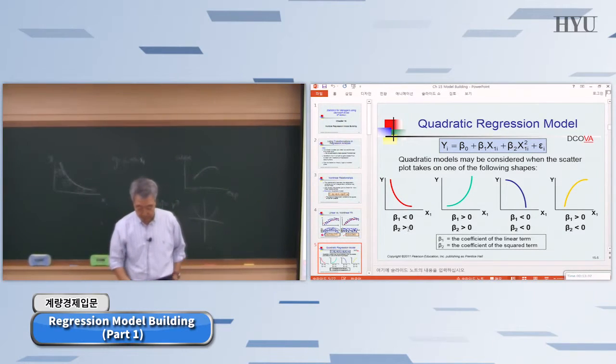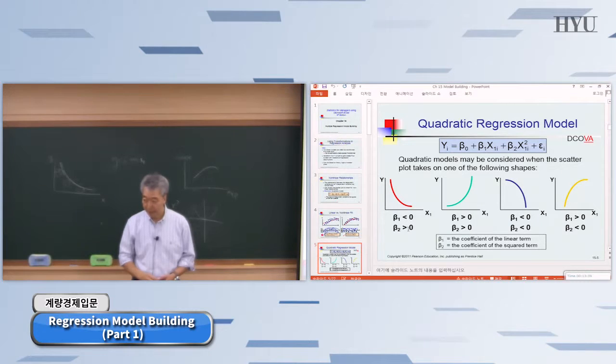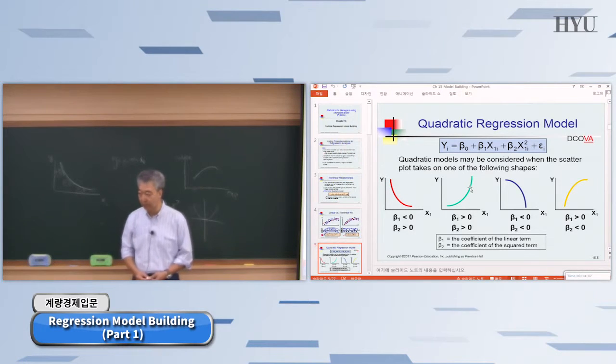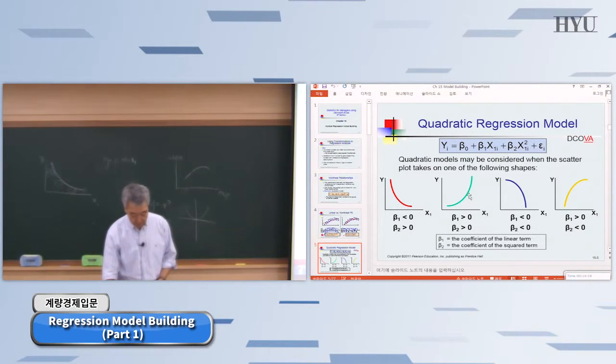I'm pretty sure this is something you've learned in high school. If both beta 1 and beta 2 are positive, that indicates there is an overall positive correlation between y and x1, and the slope also increases. Initially it is relatively flat, something like 0.5, and then it becomes 1, and then maybe 5 or 6 or 7 or 1,000. So there is a positive correlation between x and y, and the slope increases.